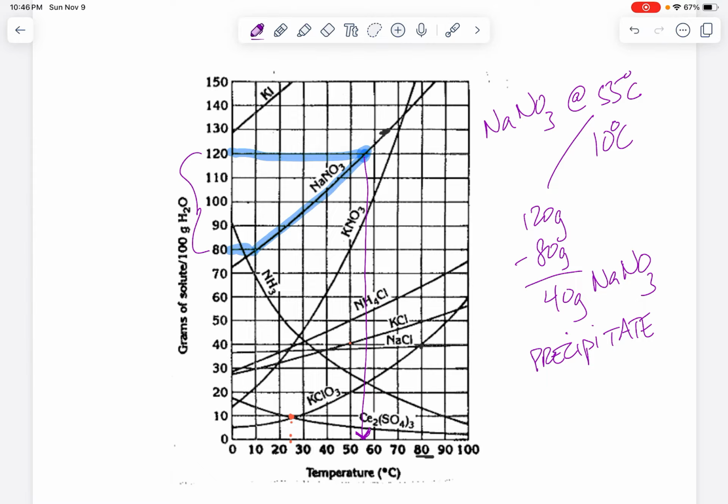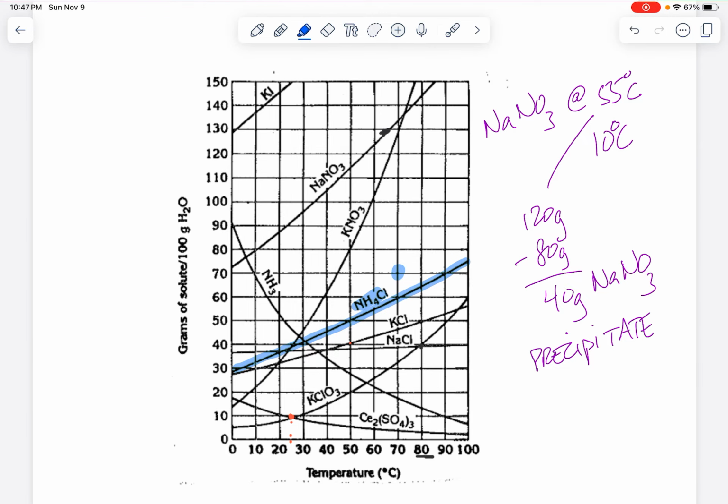One of the trickiest questions you could be asked would be, what if you have a point above the line, and what kind of solution would you have? So let's erase a little bit of this stuff and see what we can come up with. All right, so let's say that we had a data point for NH4Cl. So the line that represents this is here, and our data point is above that.